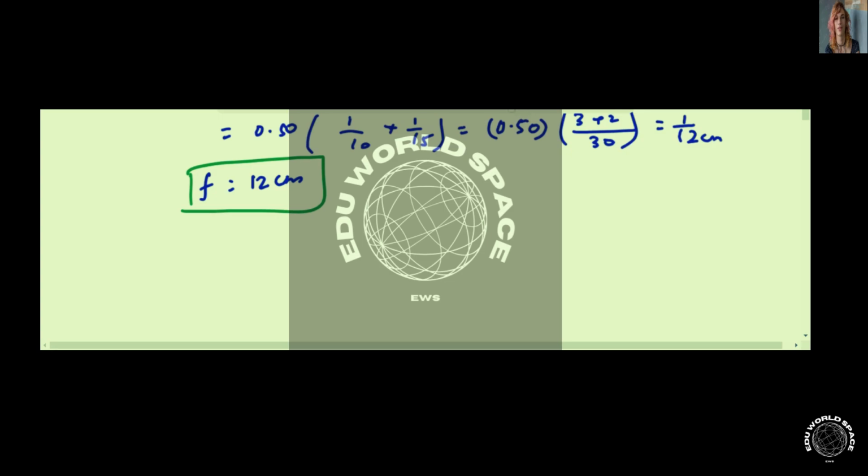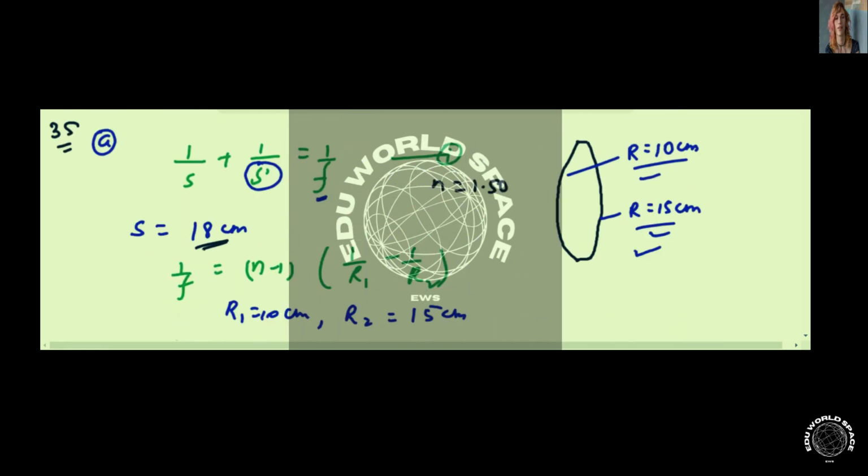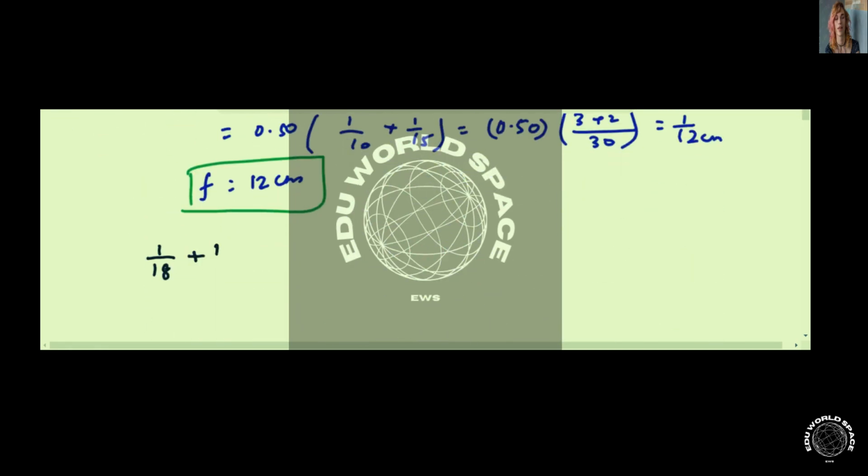Now let us plug into equation number 1. 1 by s, where s is 18 centimeters, plus 1 by s dash equals 1 by f, that is 1 by 12. So 1 by s dash will be 1 by 12 minus 1 by 18.